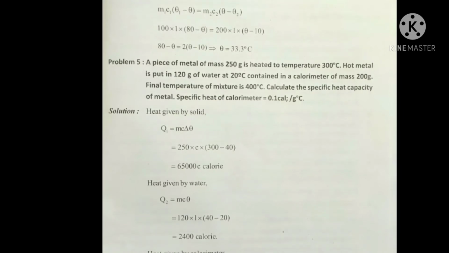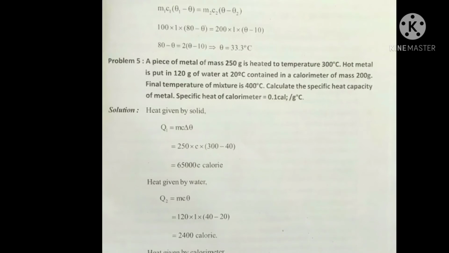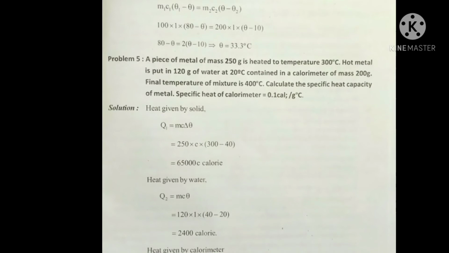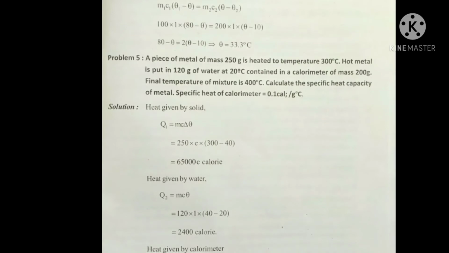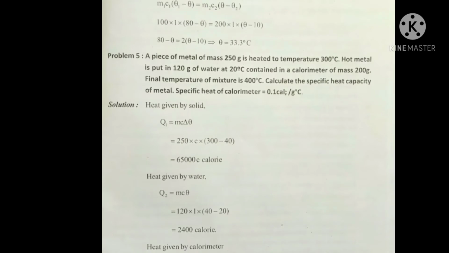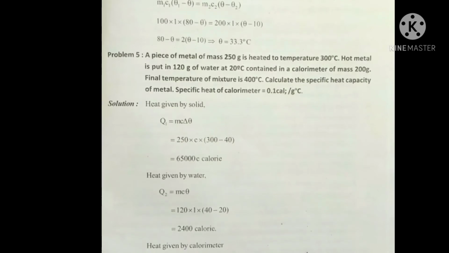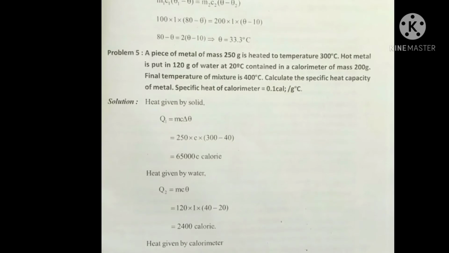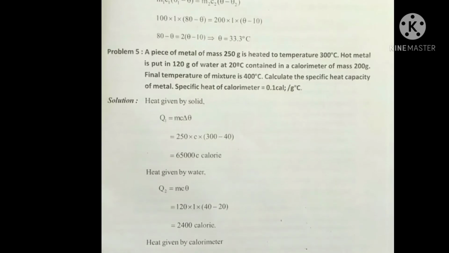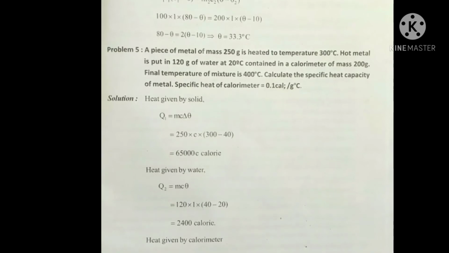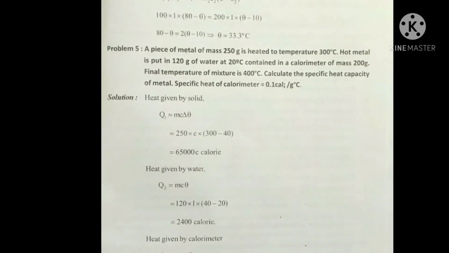On both sides, 100 and 2 times 100, so finally 80 minus theta equals 2 into theta minus 10. After transposing, theta is equal to 33.3 degrees centigrade. This is our final result. In this problem, this relation is very important: heat given by the hot body is equal to heat taken by the cold body.